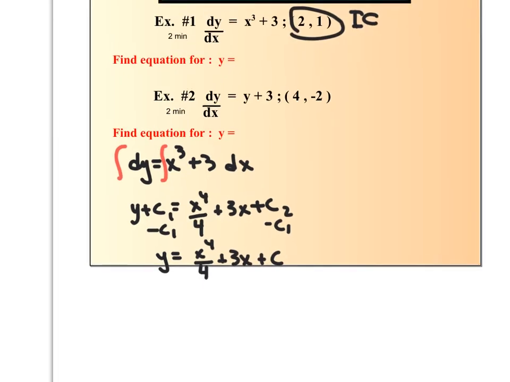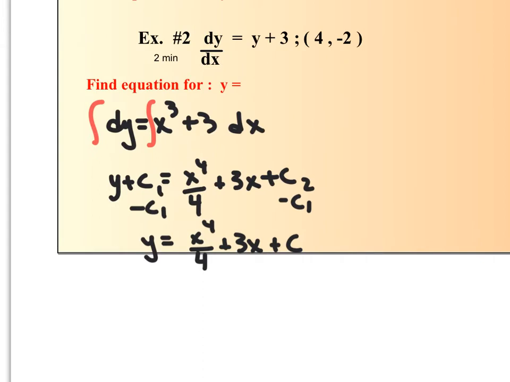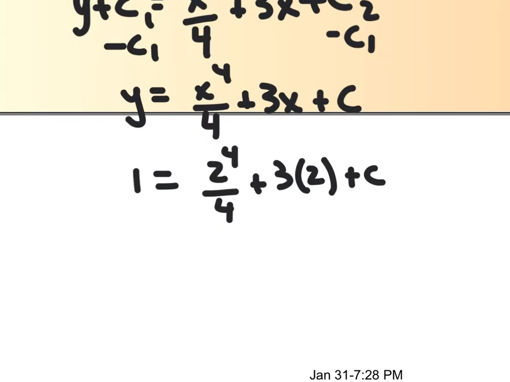So now I take into consideration my initial condition 2, 1. That means y equals 1 when x equals 2, and that's going to help me find c. So it looks like 1 equals 16 over 4, which is 4, plus 6, plus c.